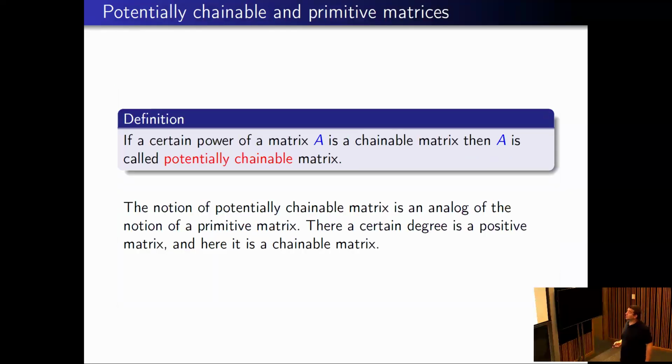I will not go into the details, but I will illustrate why this function is interesting.